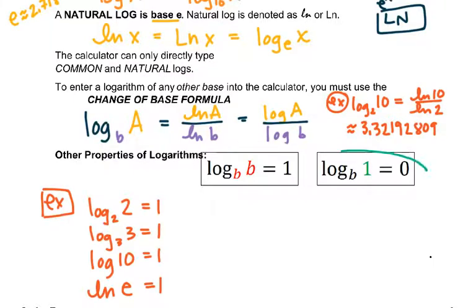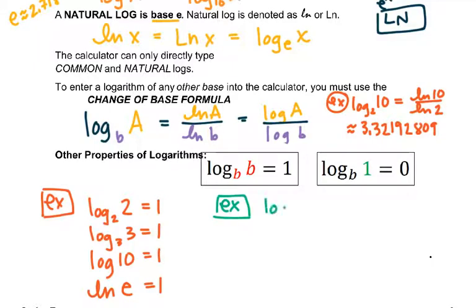And my other property says, regardless of the base, which can be any number, if I take the logarithm of 1, my output is going to equal 0. So regardless of the base, if the logarithm argument is 1, your output will equal 0.